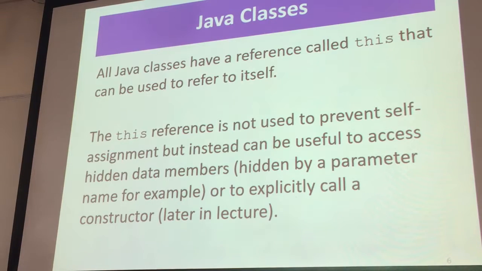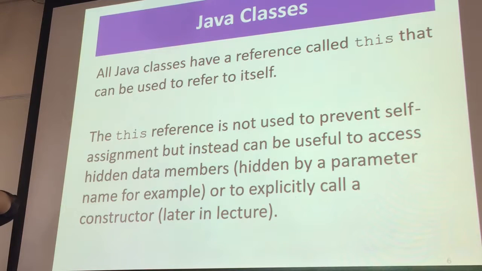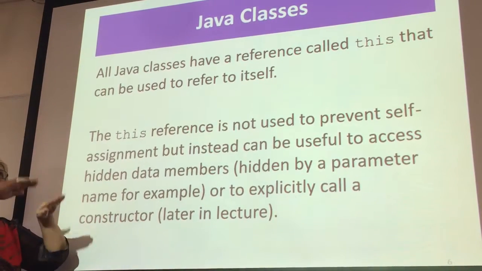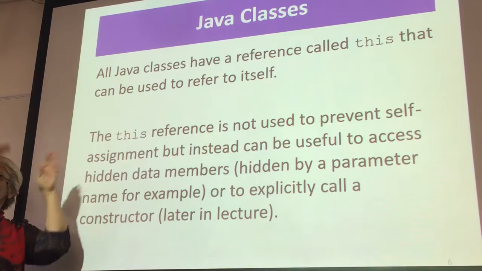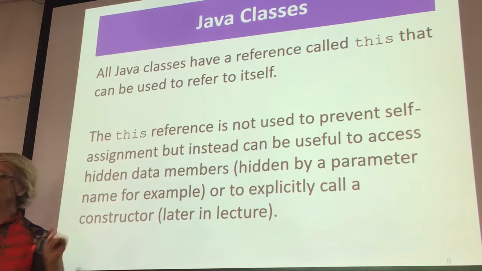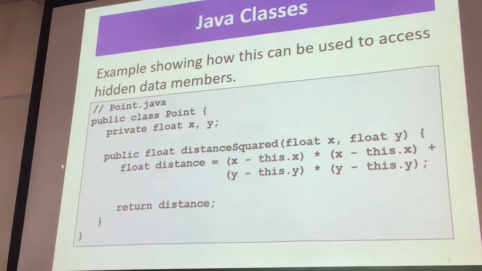Every class comes with a reference called this, and it is used for disambiguation, either to access data members which are hidden because their names are reused in a different context, or, as you will see, in a constructor. But this is something very specific to Java.